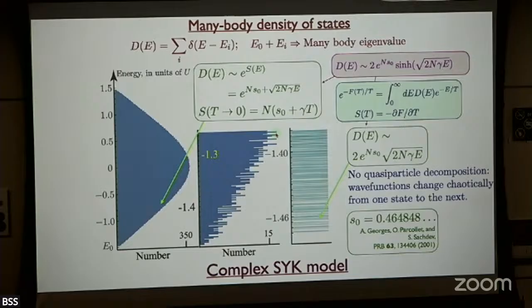And then, at the very end, there was something I didn't talk about. The actual data for strange metals has this famous foot here. And there's a lot of indication from many different directions that this cannot be there without disorder.